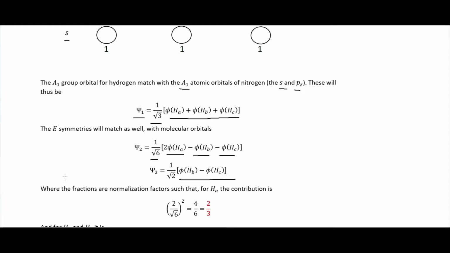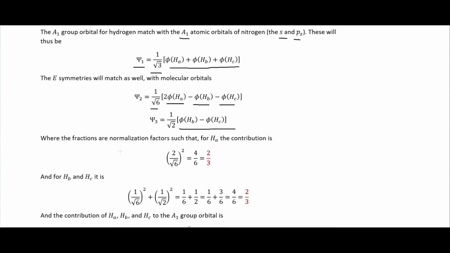And so we see how the normalization works where the fractions are. If we take this one right here, and we multiply it by this phi HA here, which has a 2 next to it, so that's 2 over the square root of 6, and then we square that because, as we'll see in the upcoming videos, we want to take the integral of phi 1, and then we'll have our Hamiltonian there, and then the phi 1.